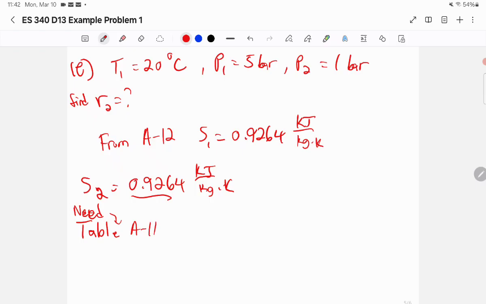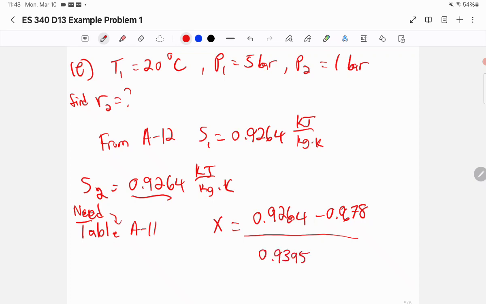Because this one is a mixture at that value of S2, we find that X, the quality of that mixture, is as follows. These are just values off of the table. Obviously, you should be able to recognize these values. 0.9395 minus 0.0678, and that's about 0.985.